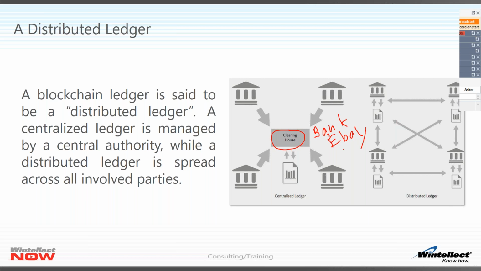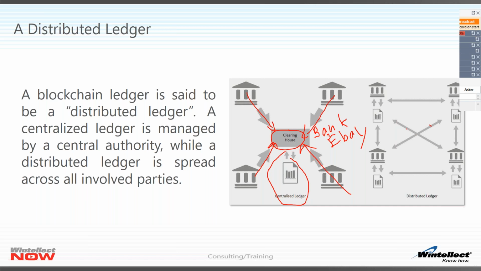Or think about when you sell something on eBay. You list your product on eBay and a customer buys it on eBay, and that whole transaction is facilitated by eBay. So there's a central ledger, if you will, at eBay and at your bank that controls all the data. And so if you want to interact with anybody, you use that central clearinghouse, rather than using what we'd call a distributed ledger, which is essentially what a blockchain is.